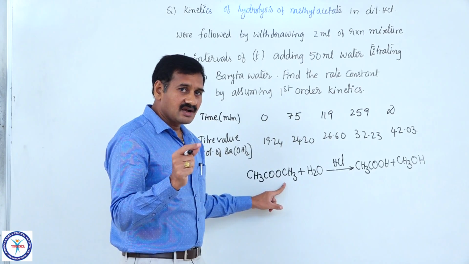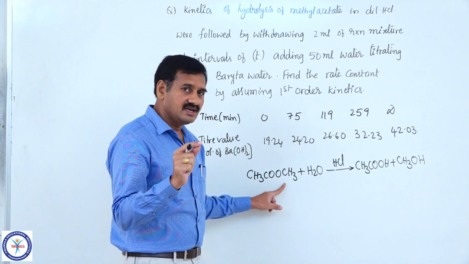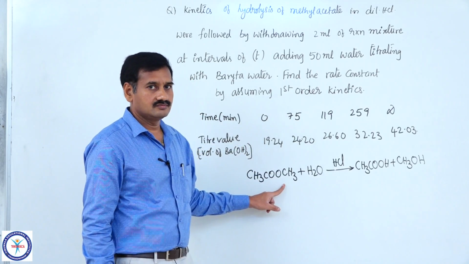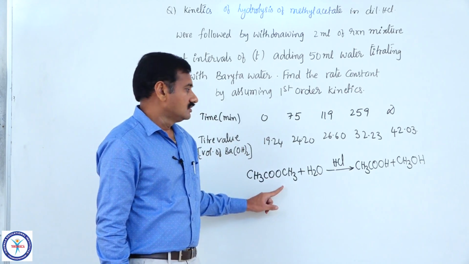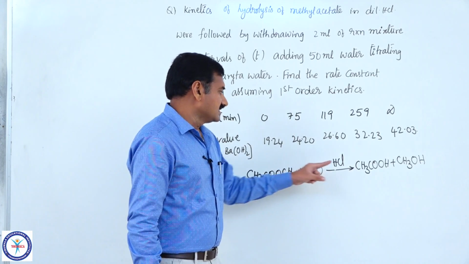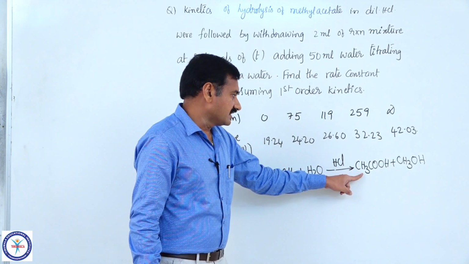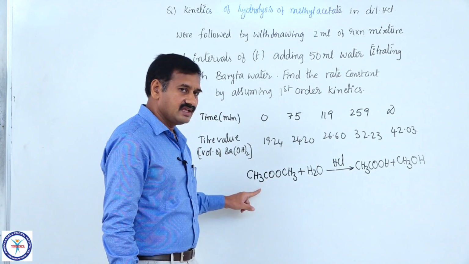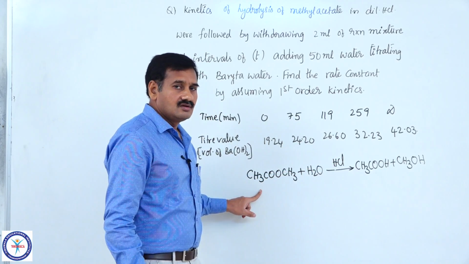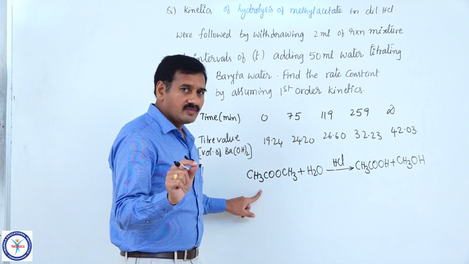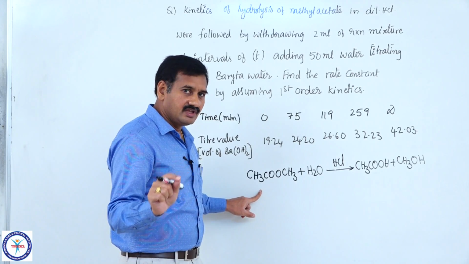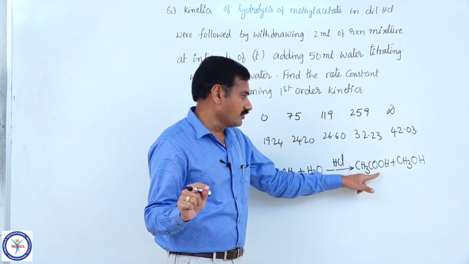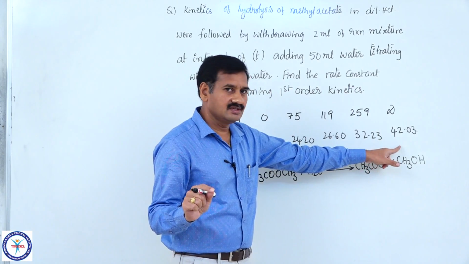So, initial concentration of methyl acetate is directly proportional to what? No doubt, acetic acid produced at infinity time is proportional to methyl acetate initially taken. If 100 molecules of methyl acetate were taken at time t equal to 0, 100 molecules of acetic acid will be produced at time t equal to infinity.